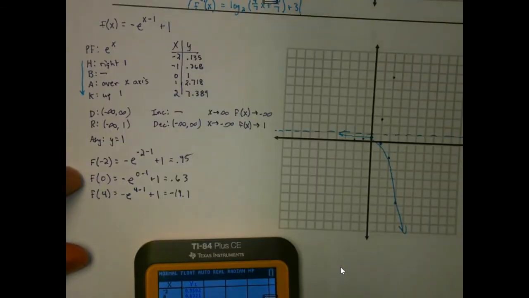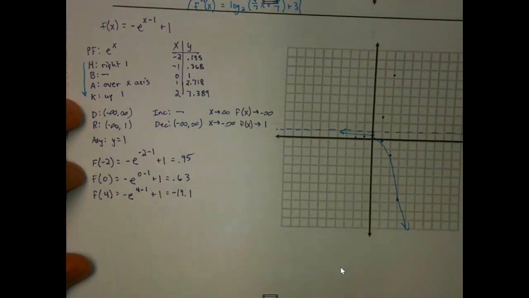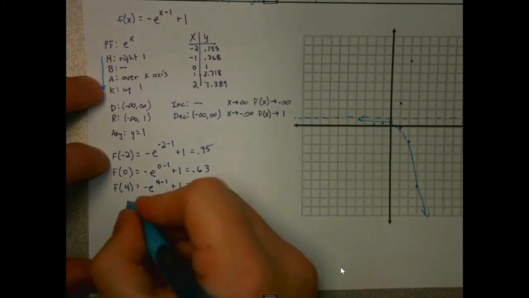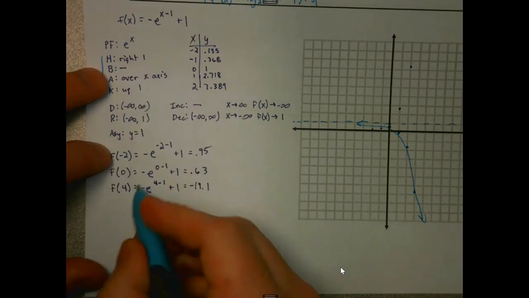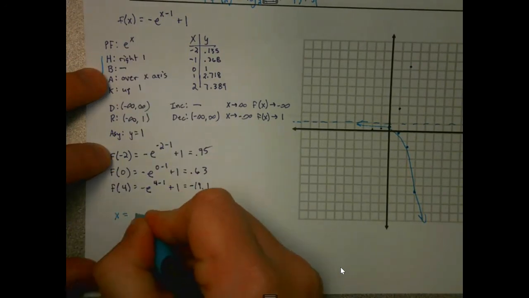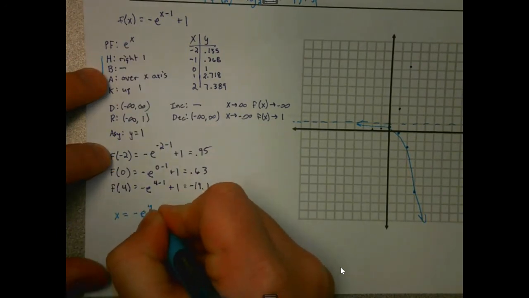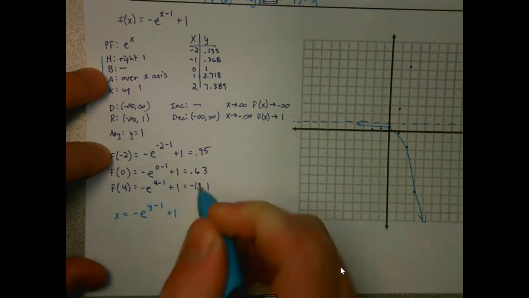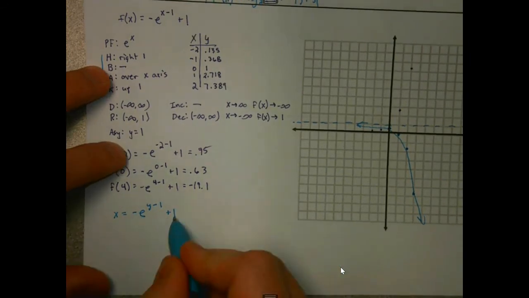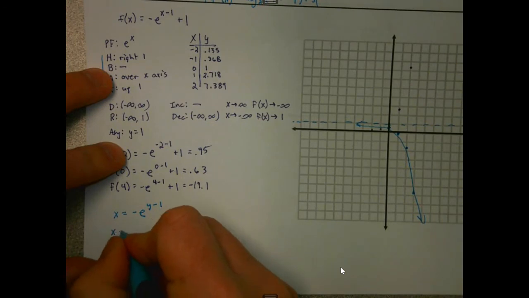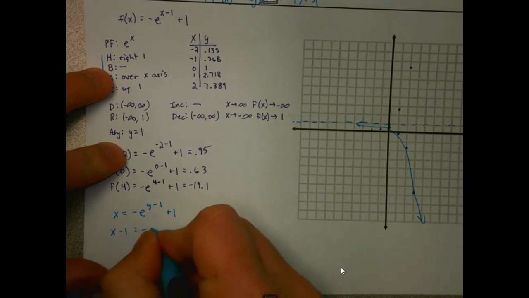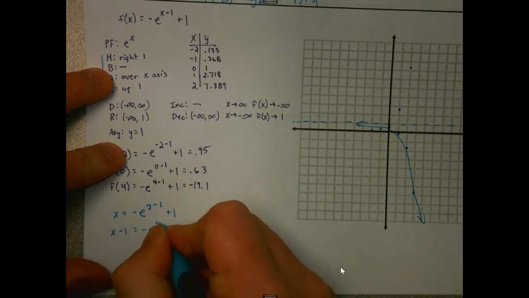You can use these as ordered pairs for your graph as well, but I definitely want to see the transformations as well. Okay, so next would be the inverse. To find the inverse, we switch x and y. So we have x equals negative e to the y minus 1 plus 1, and we're going to solve this for y. We subtract 1, so x minus 1 equals negative e to the y minus 1.